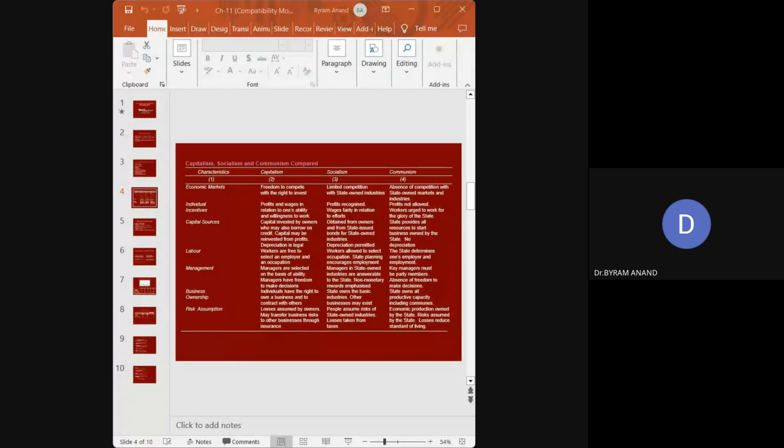Now, the primary sector is the agriculture sector, the secondary sector is production, and the tertiary sector is the service sector.